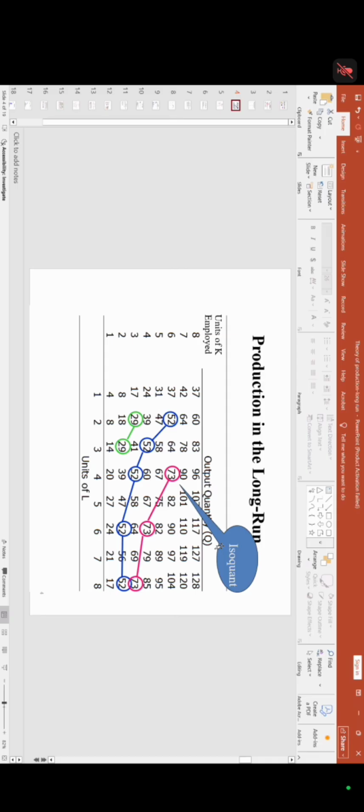Not just an output, but the given level of output. Okay? So that output definitely becomes your optimal input combination, and that input combination helps you to produce the optimal production or the output. Okay? So that is basically the isoquant.